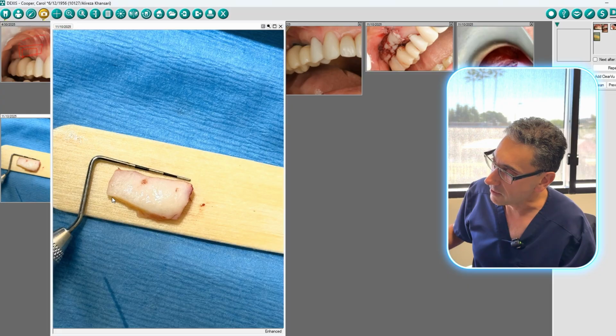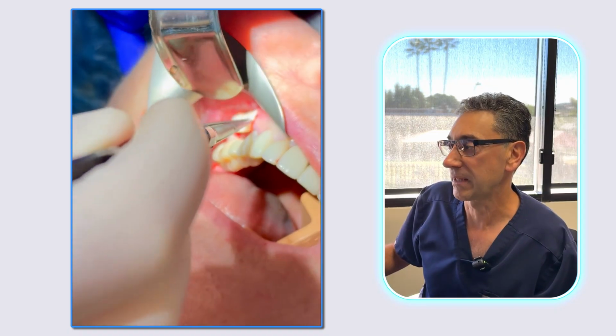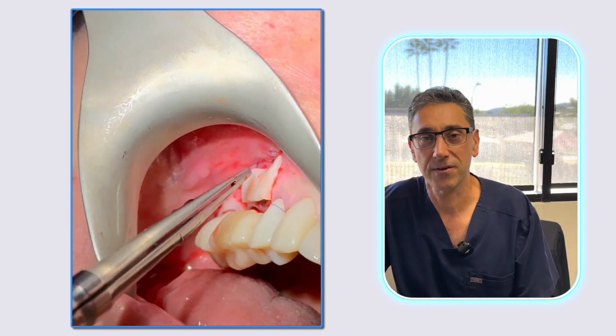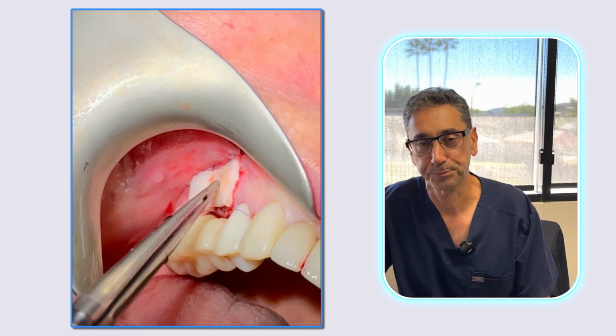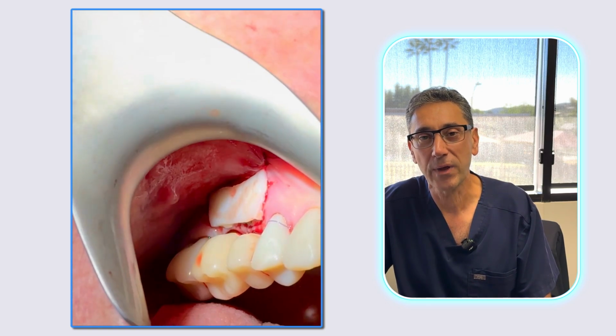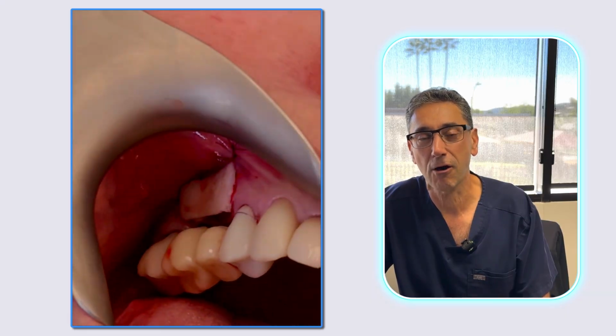We're going to remove the whole tissue, make it square and perfectly placed to that area. As you can see on this video, I'm transferring my harvested tissue to the recipient side. We have to make sure all the edges are matching.